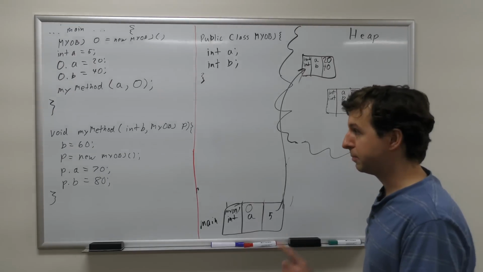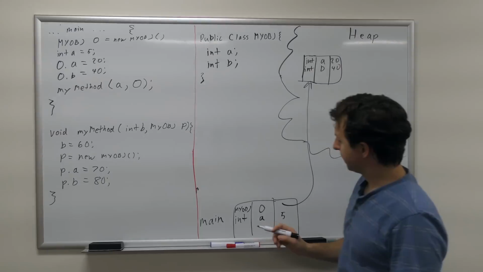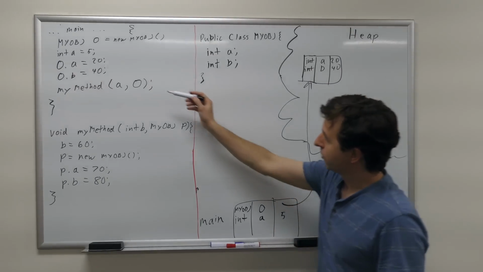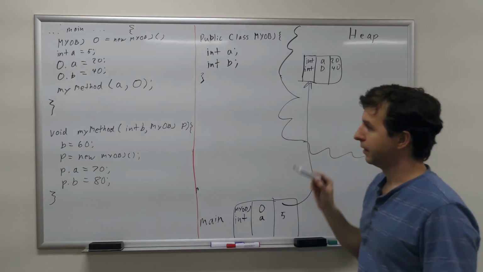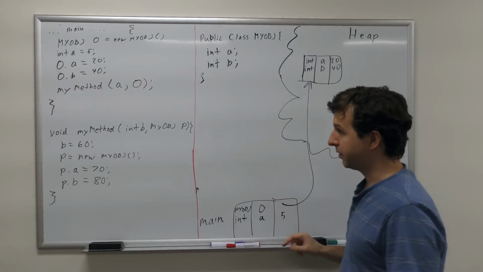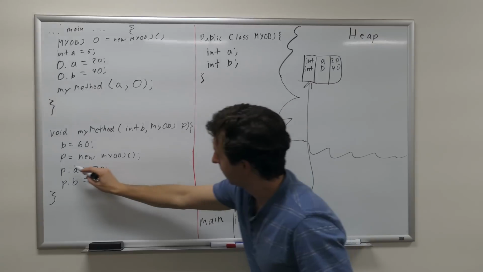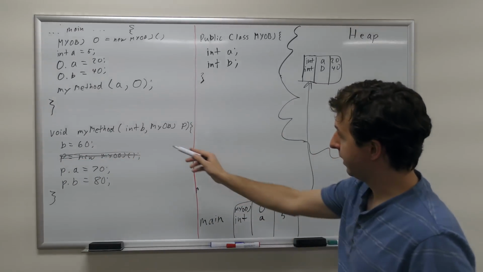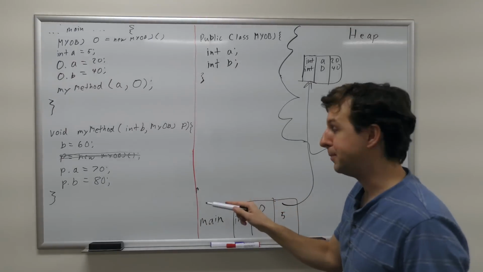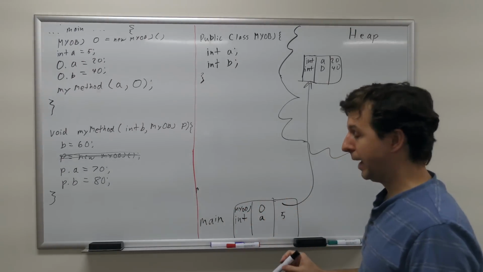But let's make one small modification. Okay, so we are right before our call to my method. I'm going to remove one line of code from my method. This one. We will not assign P to a new object. Let's look at what happens.